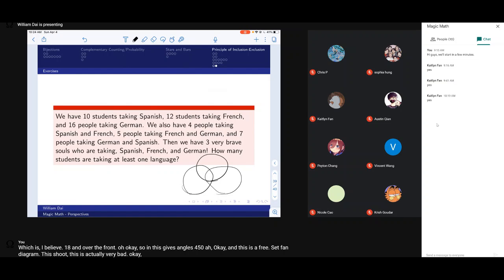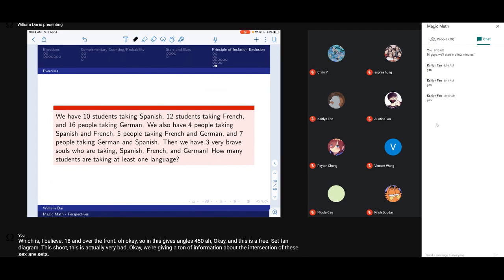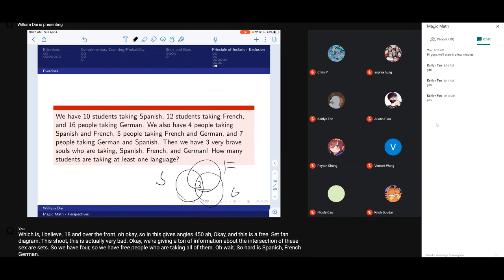We're given a ton of information about the intersection of these sets, so we have three people who are taking all of them. Oh wait, so call this Spanish, French, German. This is 1 because we're given this is 4 in total here. This is 2 because we're given 5 in total here. This is 4 because we're given 7 in total here, taking both German and Spanish.